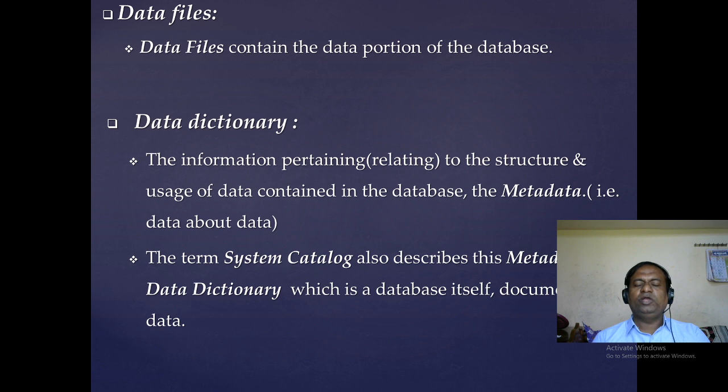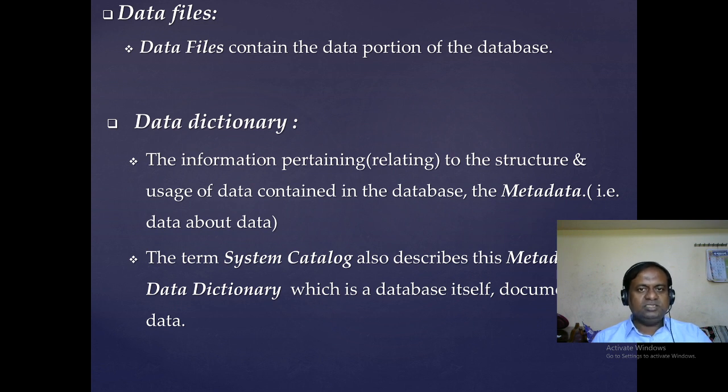I will repeat the point one more time. Whatever data we are trying to store in the database is stored in data files. So that data file should have a specific size. From the size allocated to the data files, how much space is actually used and how much space is free? This information should be maintained.